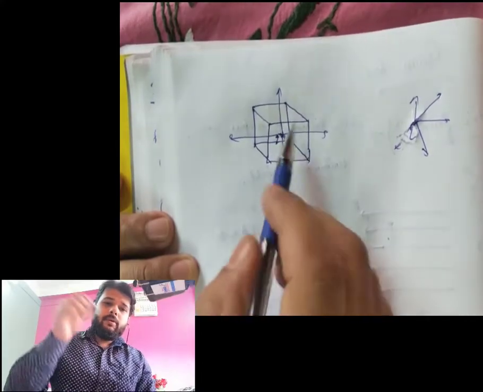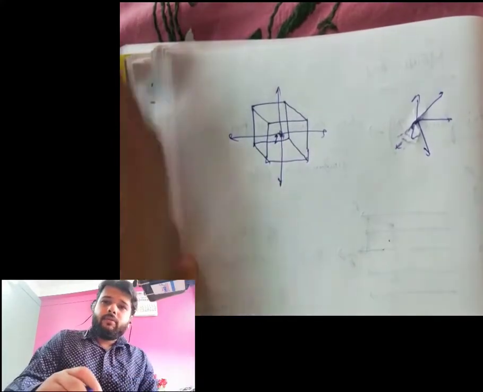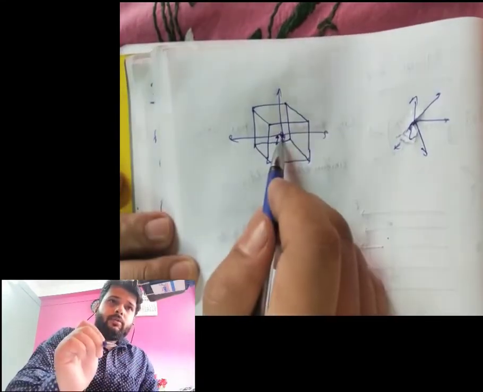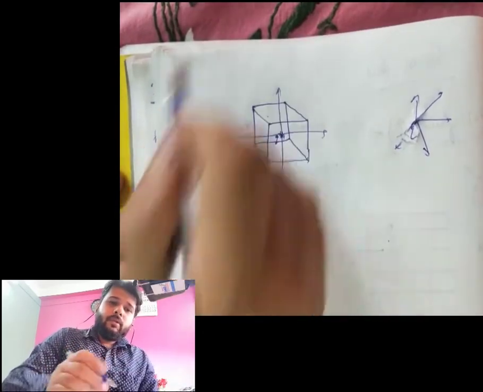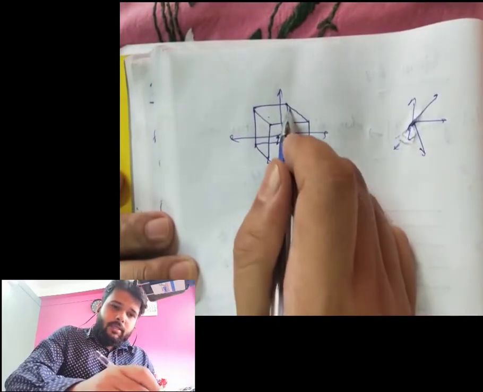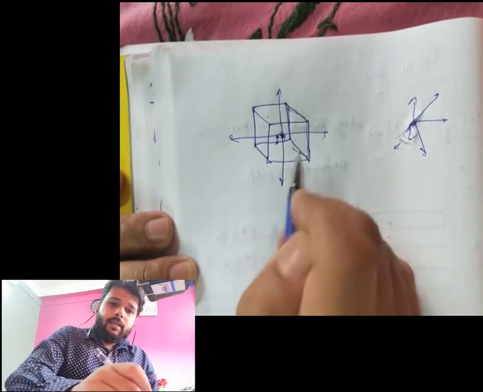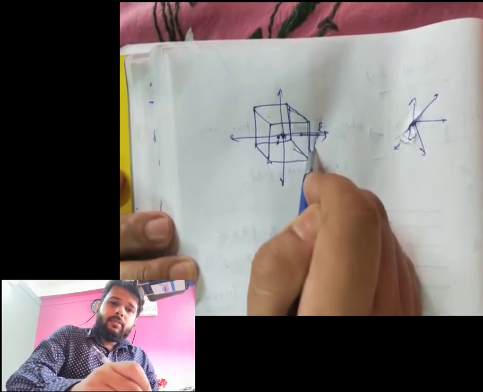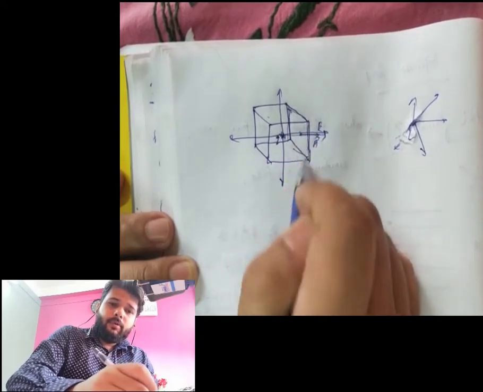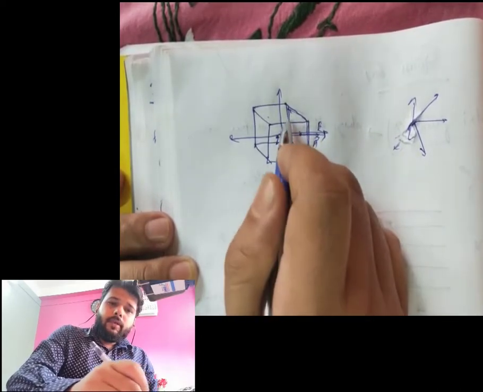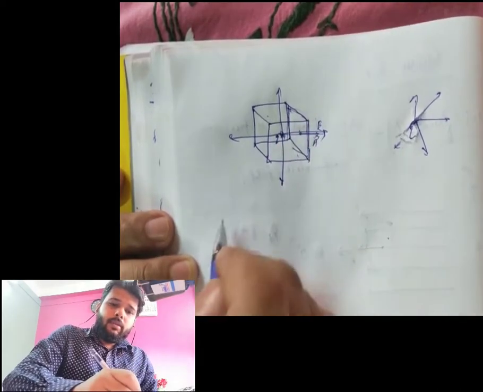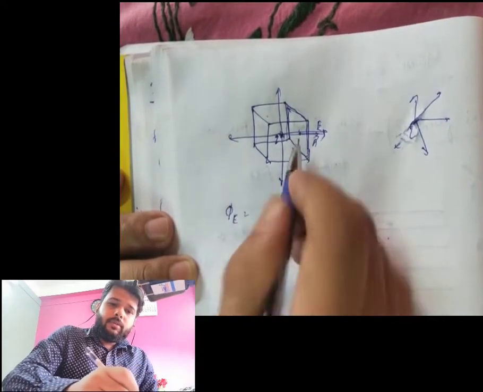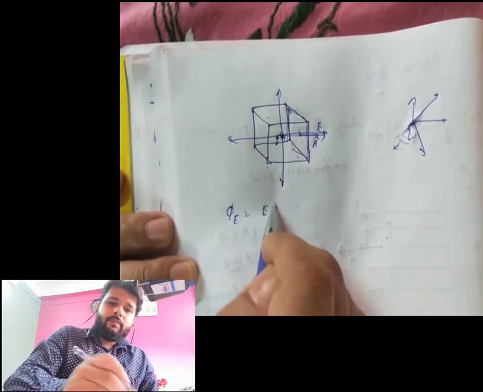It will come out, and it will also move back. So here, if we see this surface, the electric field and the area vector will be in the same direction. So the electric flux linked with this first surface is E into A.